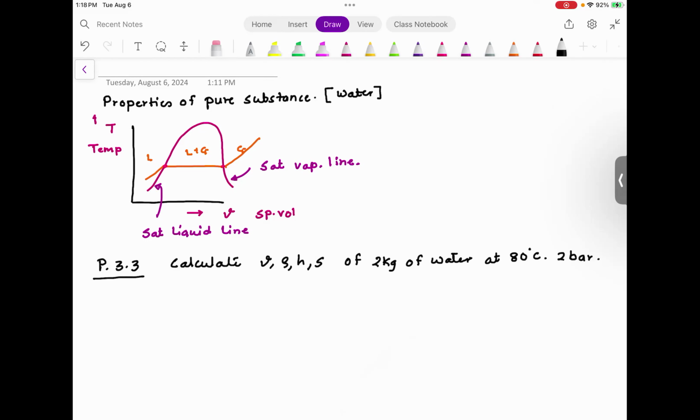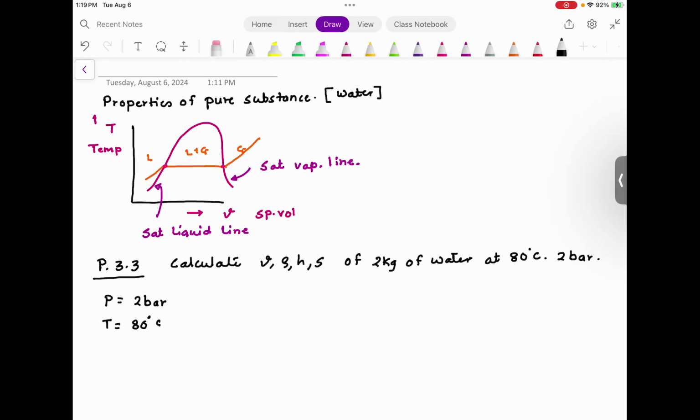Now, the first and foremost question that we need to ask is, what is the state of this water? So pressure P is equal to 2 bar, temperature T is equal to 80 degrees C. I want you to quickly go through the steam table and track the temperature and pressure.